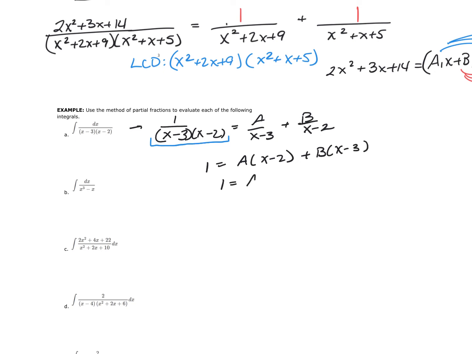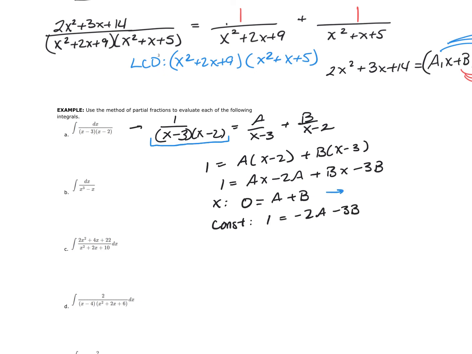So 1 is equal to ax minus 2a plus bx minus 3b. 0 is equal to a plus b, because this is my x term. My constants give me 1 is equal to negative 2a minus 3b.